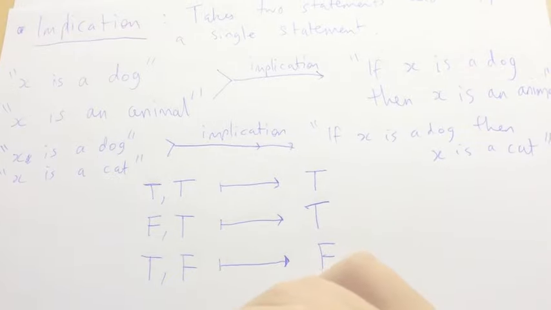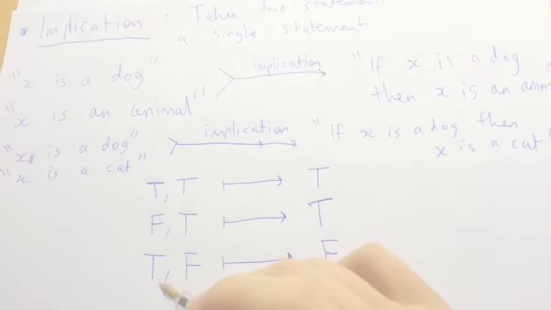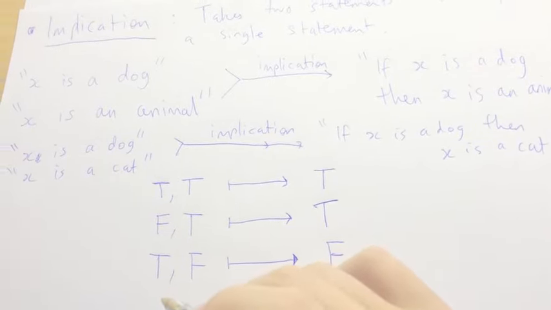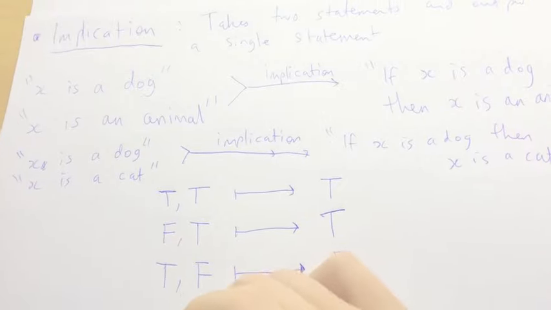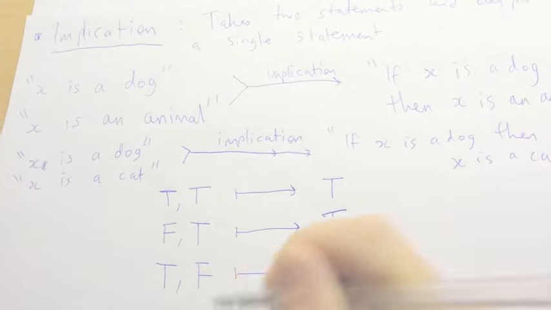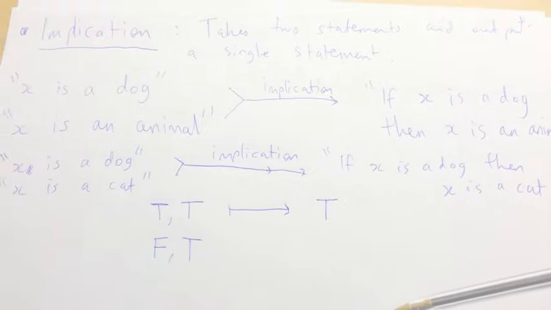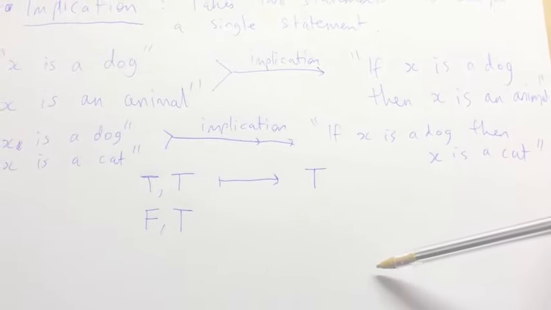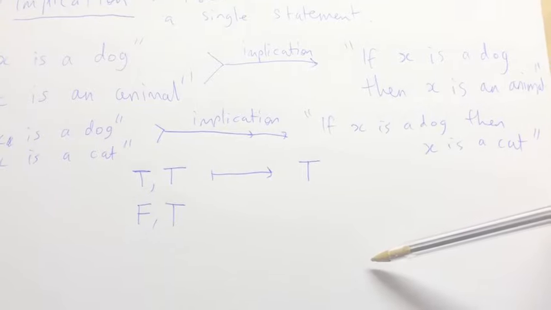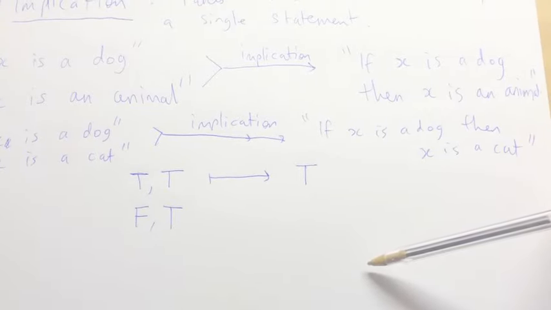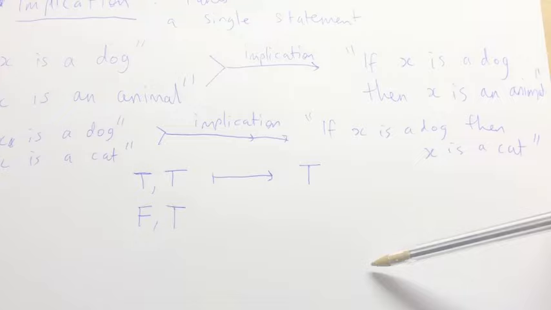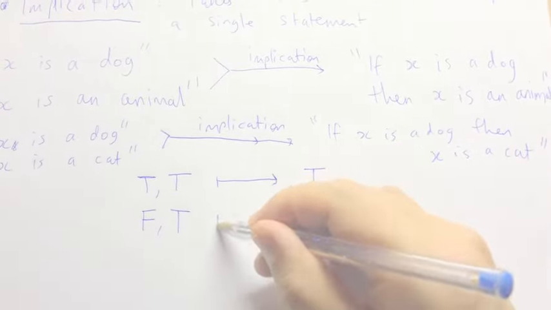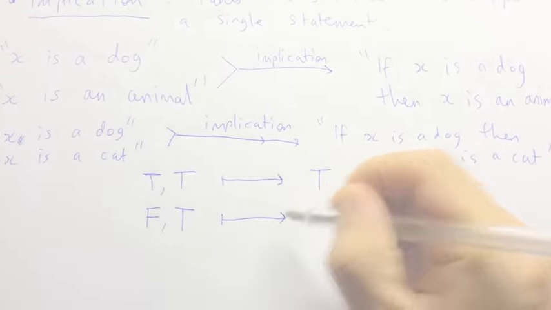And the last one is, okay, there's only one possibility left: false and false. When it's false and false, I want to convince you that the implication should still be true. So in the first example, say a flower is not an animal and it's not a dog.